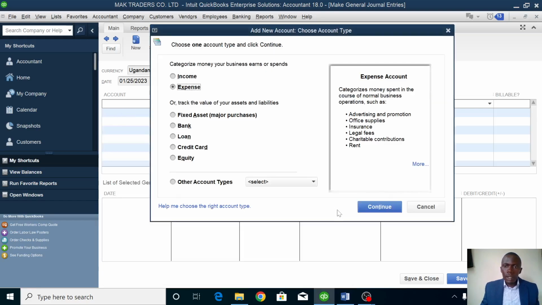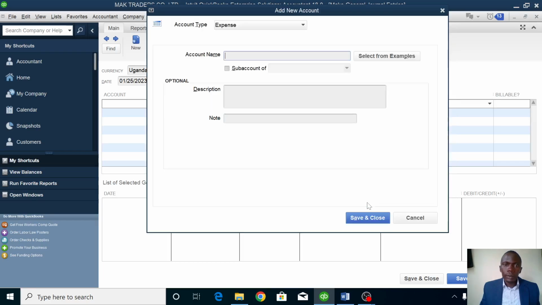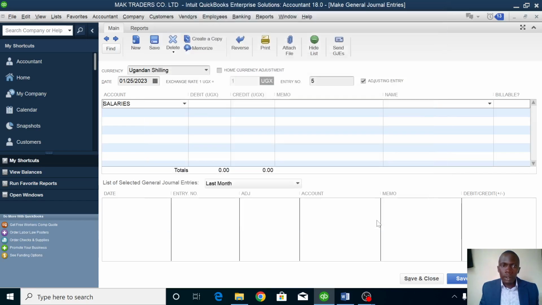Salary is also under expense. It says salaries, we save and close. Yeah, we debit it with 300,000.